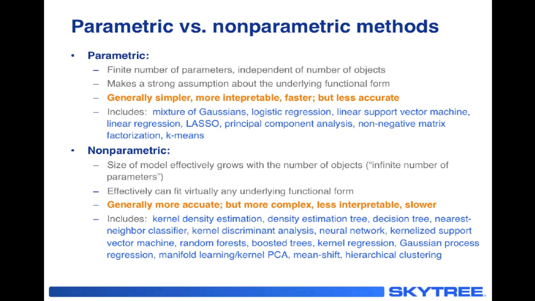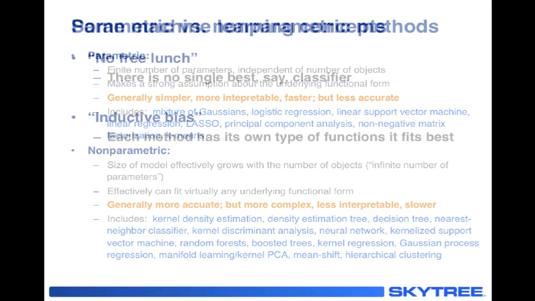They can effectively fit anything, but they're more complex, less interpretable, and slower generally. So if you're wondering what is the most accurate method, depending on your task, it's going to be one of these generally: kernel density estimation, density estimation tree, decision tree, nearest neighbor classifier, kernel discriminant analysis, neural networks, and so on, including random forests, boosted trees.